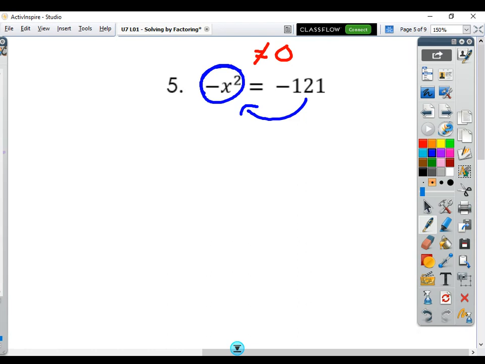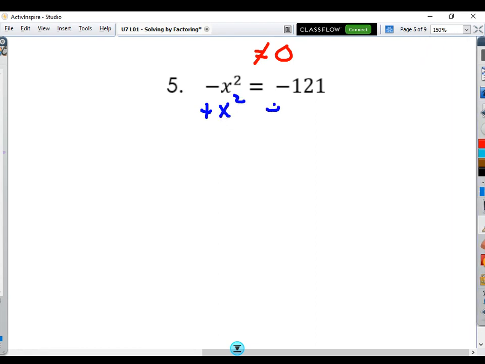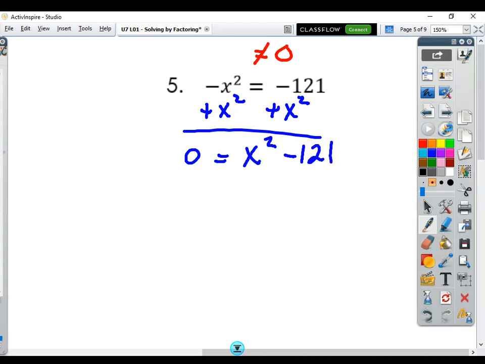I'm going to add x squared to both sides. That way I can get this guy positive. So if I add x squared to both sides, my new equation is 0 equals x squared minus 121. Now it's equal to 0. Check mark, right? So since it's equal to 0, I can factor it the same way I just did.